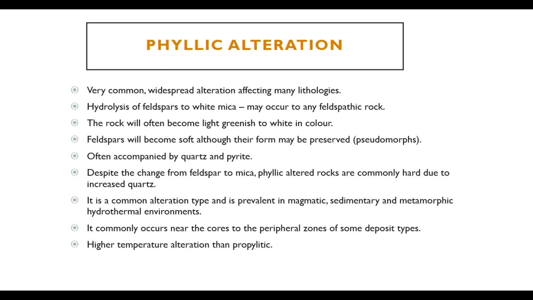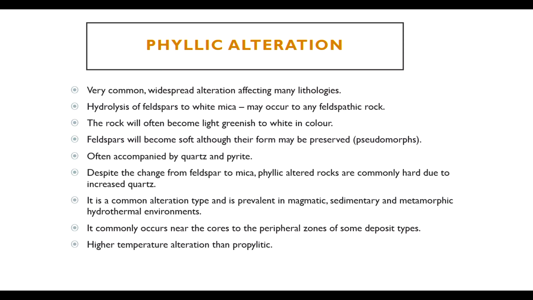So we're hydrating feldspars and we're reutilising that potassium and aluminium, but we're turning it into a phyllosilicate, so something that can incorporate water. The rock will become a light whitish colour, distinct from other types of alteration.